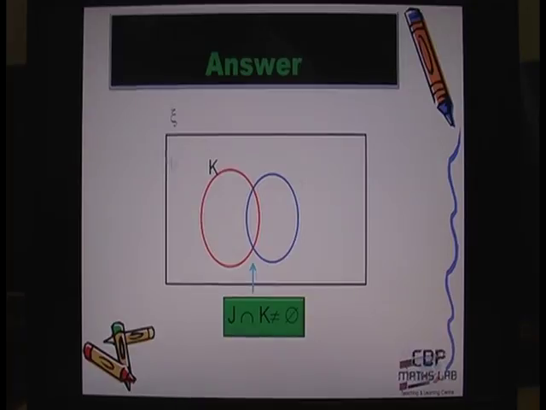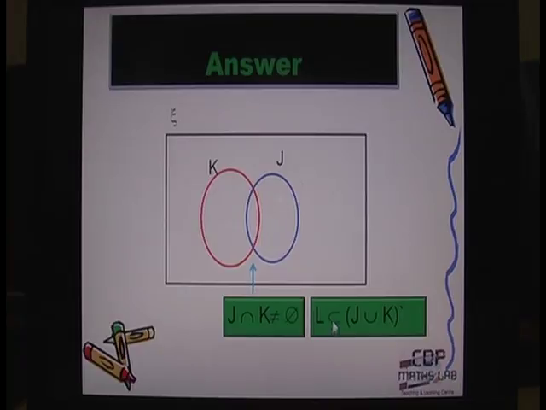So therefore, this is saying to us that set J is intersecting set K. There it is. They're overlapping. And therefore, that is not equal to an empty set. If it was equal to an empty set, then both sets would be separate.